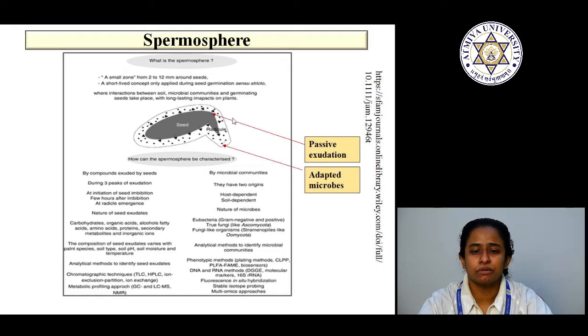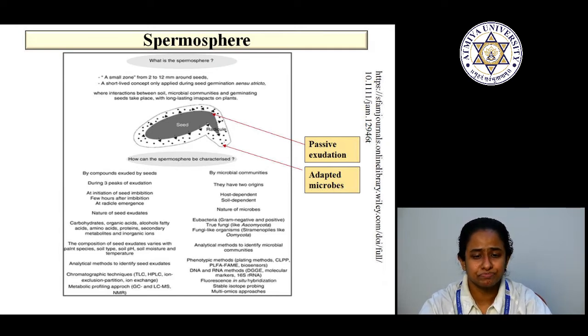Now in this particular picture, what I want you to understand is this seed region. Around that seed region, these strangle parts are nothing but the passive exudation process, and these circular labels are basically depicting the microbes which are adapted due to this exudation in and around this region.